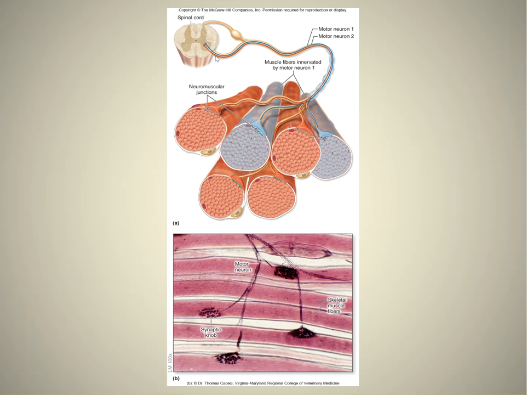It's important to realize that every single muscle cell is electrically isolated from every other muscle cell. So if the red motor unit is turned on, those red ones will fire, and the blue ones will not, even though they're right next door, because they're innervated by a different motor neuron and are a different motor unit. The strength of a muscle is determined by how many motor units you turn on.